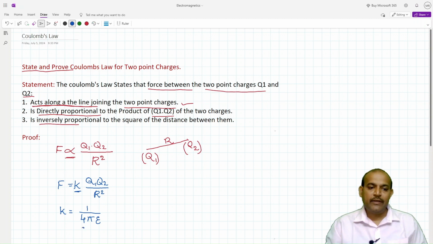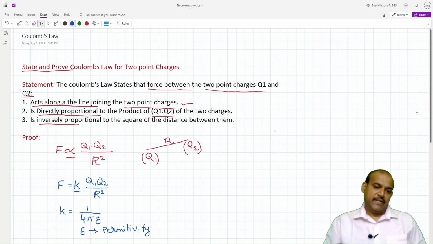What is this epsilon? Epsilon is called the permittivity of the medium. What is permittivity? It is the ability of the medium to propagate.